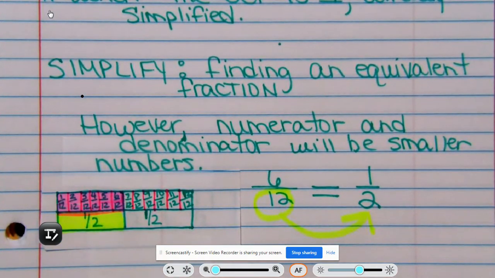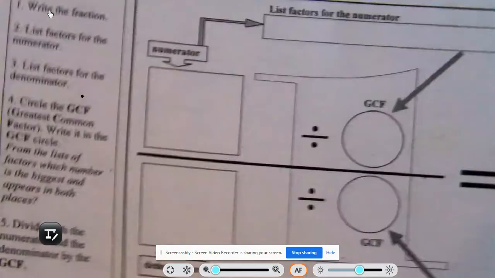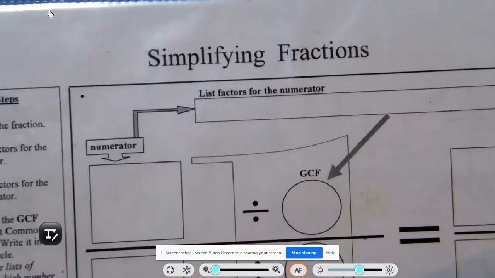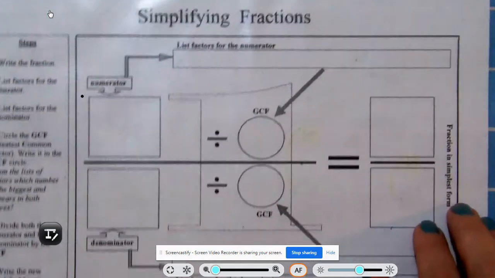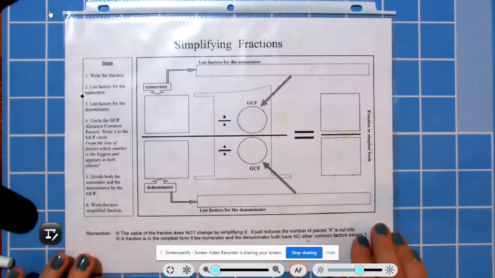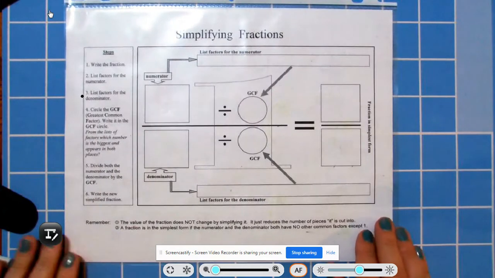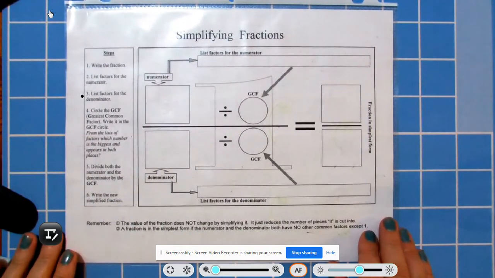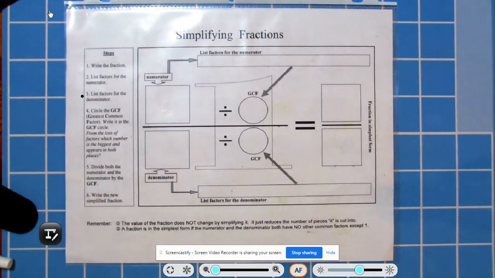All right, now we're going to practice. You have a simplifying fractions mat inside your team binder. If you don't have a dry erase marker, you can just work them out on notebook paper.